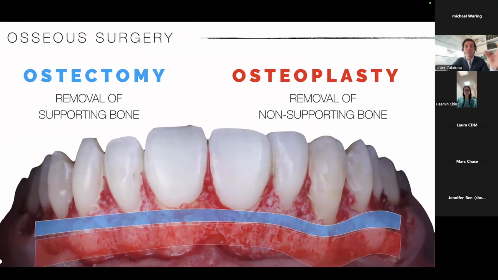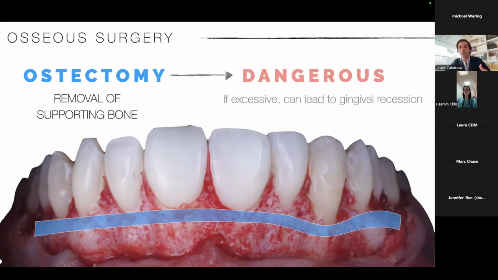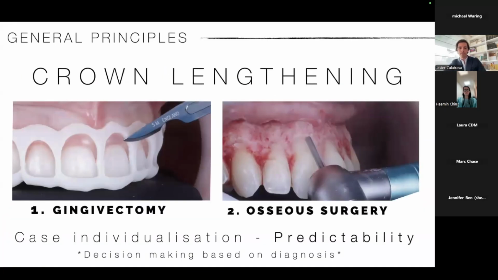So of course, the area that is attached to the root will be ostectomy, and all that superficial and higher bone will be osteoplasty. Which do you think is more dangerous? Of course, ostectomy, because if we perform it excessively, we can lead to gingival recession. And trust me, a patient that comes with a gummy smile and 2 weeks later has gingival recessions will not be happy with your treatment.